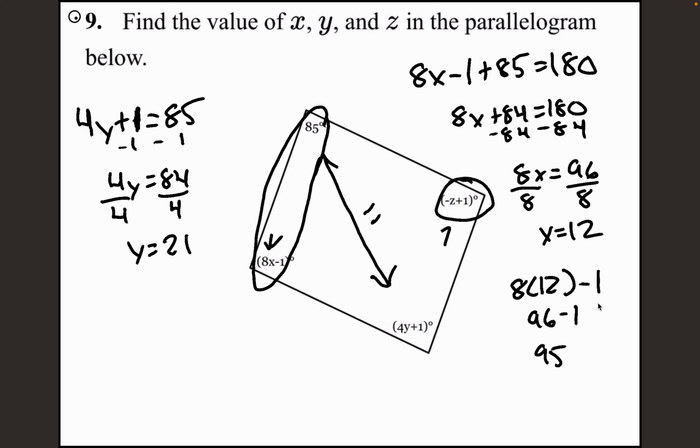So this equals 95. So I have negative z plus 1 equals 95. I subtract my 1. So z equals what?